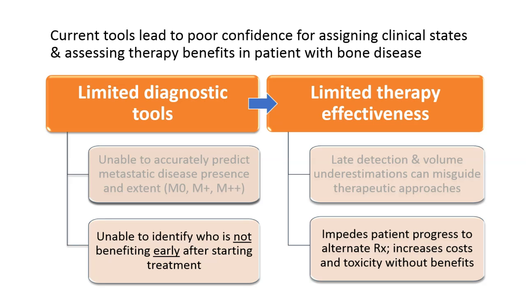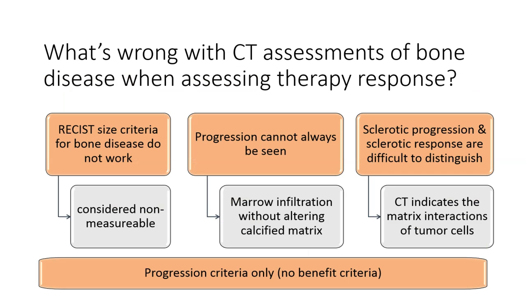In the setting of therapy response, conventional imaging doesn't give us a good idea about who is not benefiting from therapy soon after starting treatment. And this impedes patient progress to alternative therapies, increasing costs and toxicities without giving you benefits. And this applies to both CT scans and bone scans. So for CT scans, we know that bone lesions are considered non-measurable.